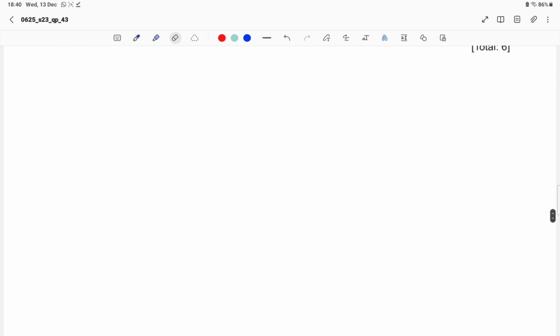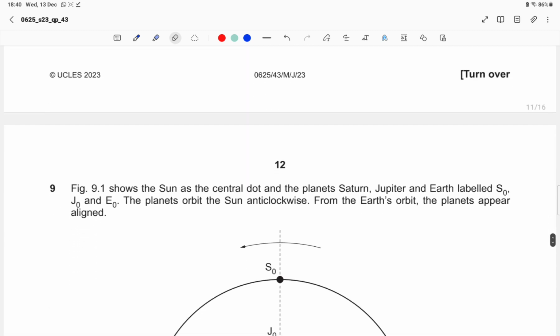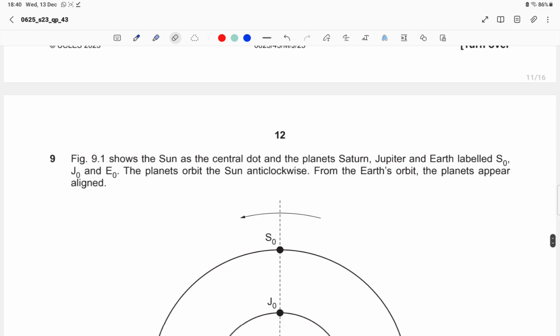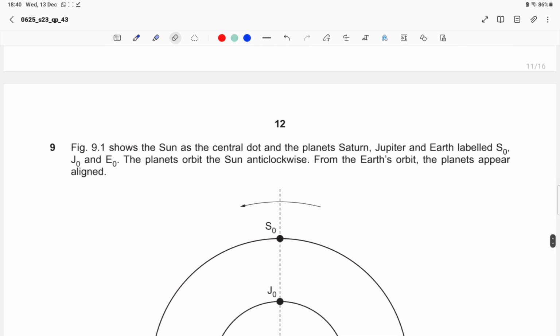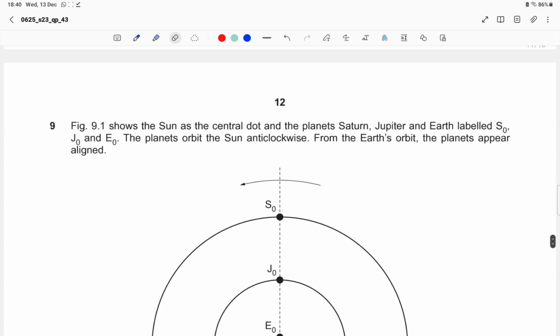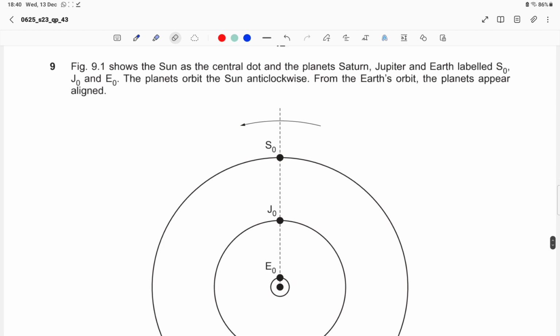Okay, moving to the next question. Figure 9.1 shows the Sun as the center dot, and the planets Saturn, Jupiter, and Earth labeled S naught, J naught, and E naught. The planets orbit the Sun anti-clockwise. From the Earth's orbit, the planets appear aligned.